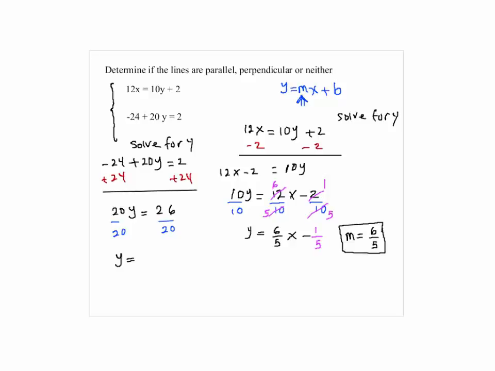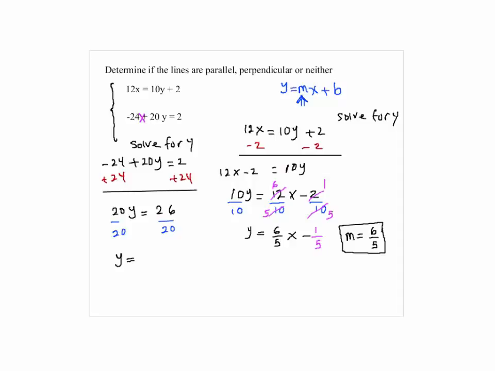Let me look at my problem that I originally had on my paper. I want to know if I meant to do this or it was a mistake. Yeah, it's supposed to be x somewhere here. Sorry. Minus 24x plus 20y is equal to 2.